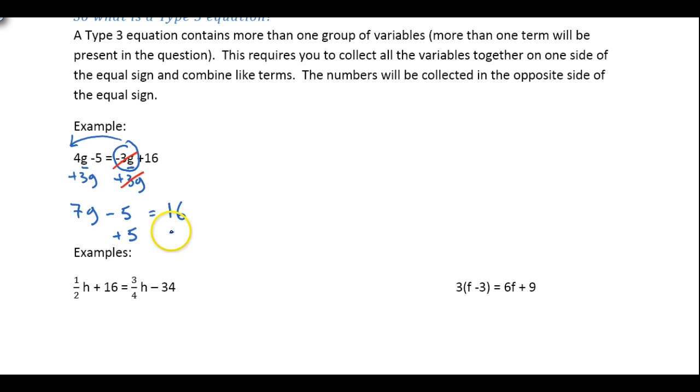I'm going to add 5 to both sides first, which gives me 7g equals 21. Then finally, I'm going to divide both sides by 7, and that gives me g equals 3. Okay? All right, let's do a few more.